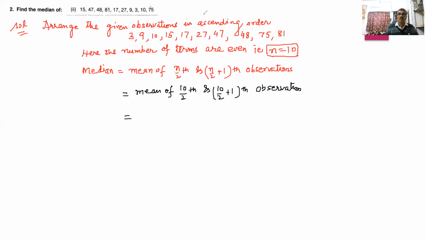Now divide 10 by 2 कितना आ गया जी 5. फिफ्थ टर्म हो गई, फिर 5 plus 1 6 term. Therefore median is mean of fifth and sixth observations.